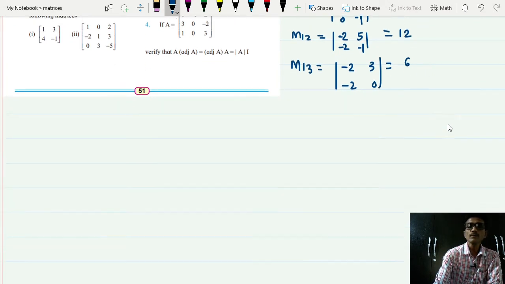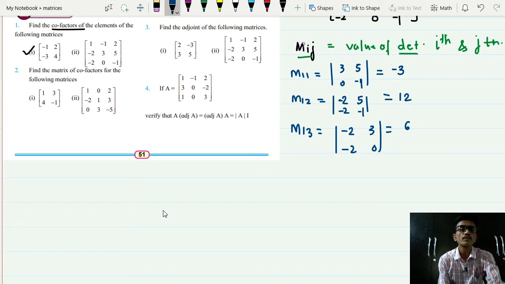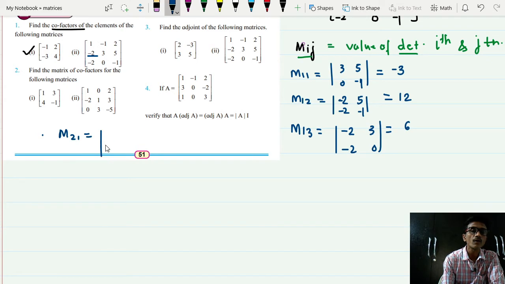Then we find the minor of the next element, that is in the second row. So consider this second row, and the minor of this element, which is M21. What will M21 be? We delete the element of second row and first column. So the determinant of minus 1, 2, 0, minus 1.